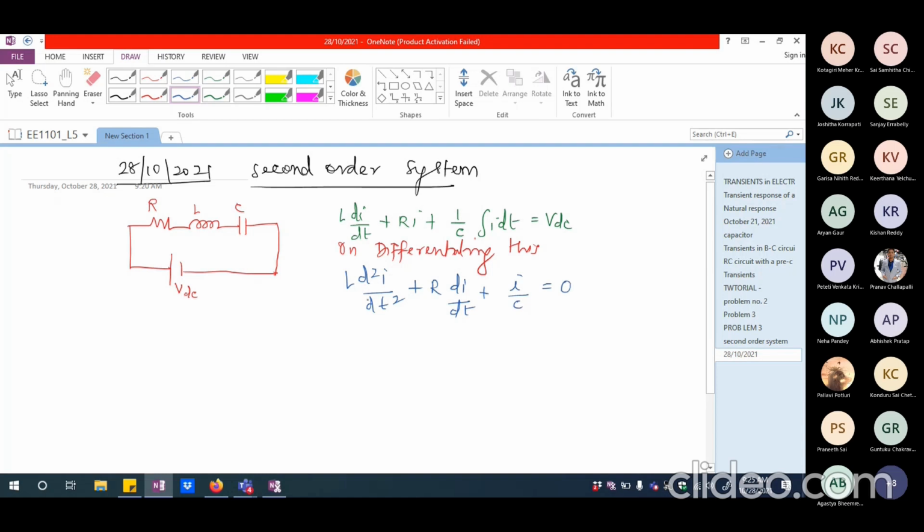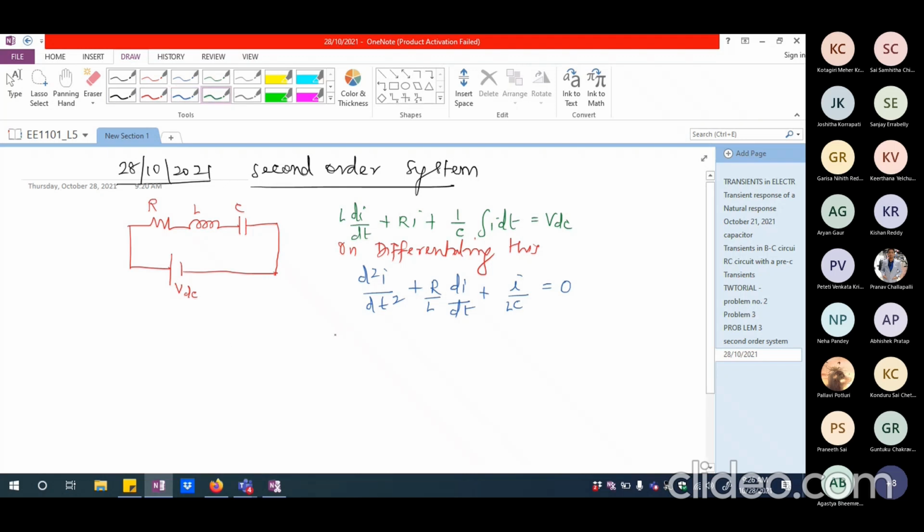And we wanted to bring L down. So what we did was we removed this L from here and then we wrote this as R by L and i by LC. And we said because the second order derivative, the first order derivative as well as i, all of them are in the same equation here.